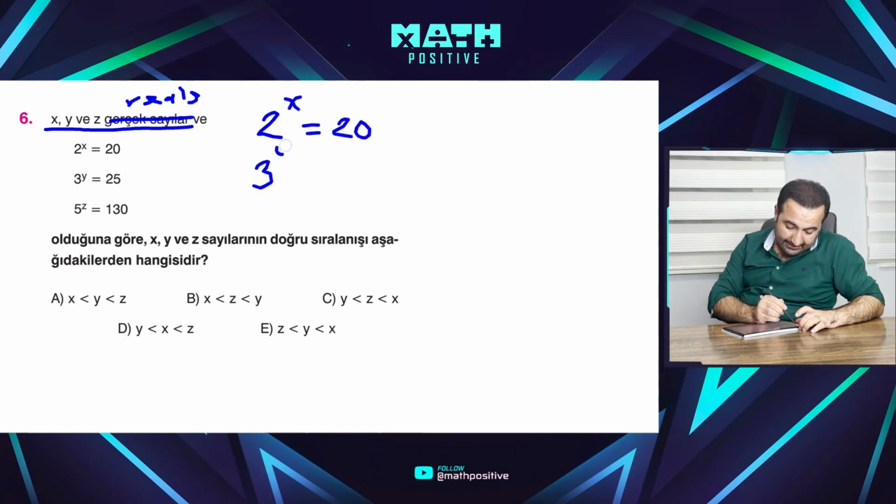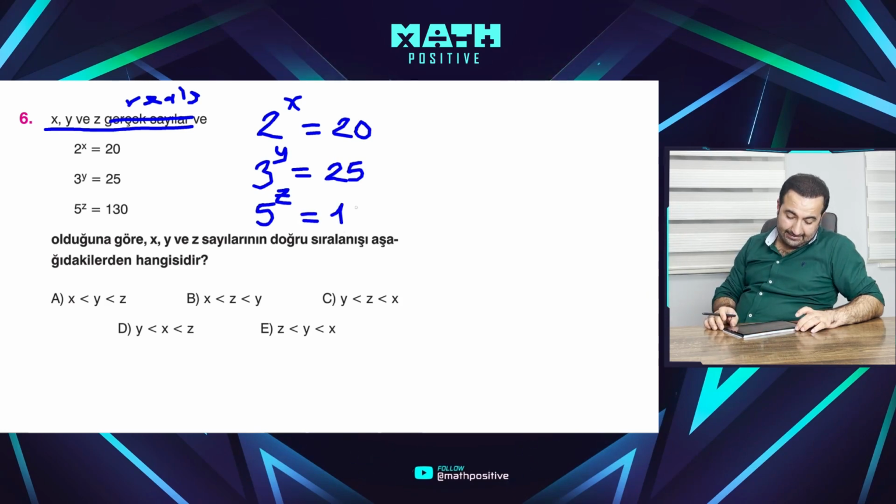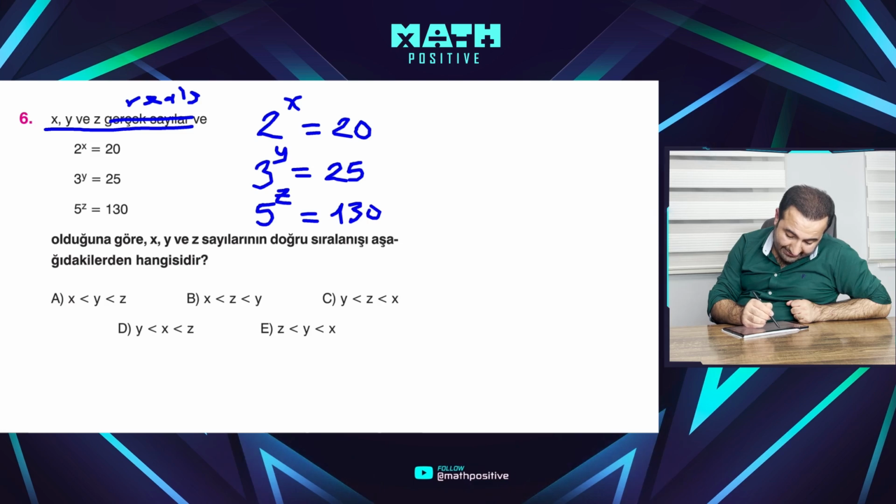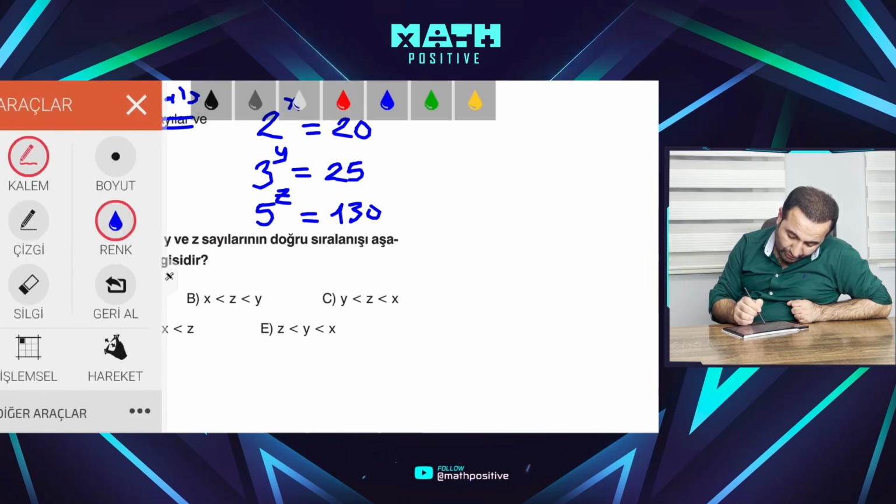We have x, y, and z are real numbers, and we have 2 to the x equals 20, 3 to the y equals 25, and 5 to the z equals 130.